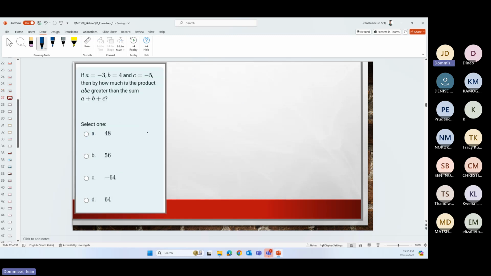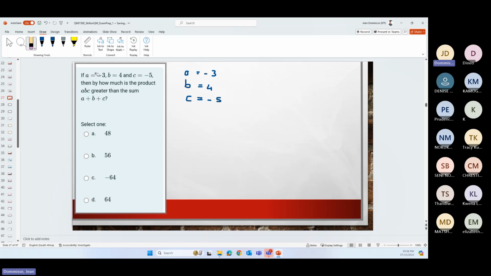Okay, so now they go into a bit more detail to say, well, now we give you numbers. So A is equal to minus 3, B is equal to 4, and C is equal to minus 5. So work out what is A plus B plus C. Okay, so I haven't read.